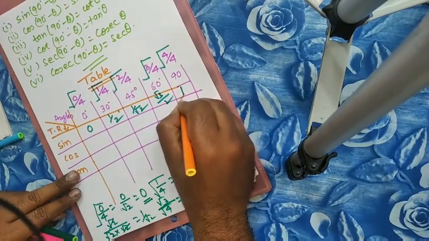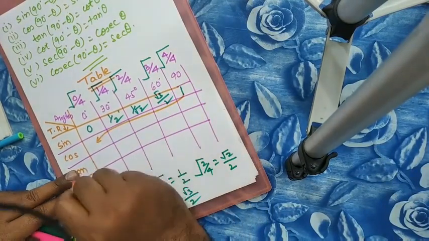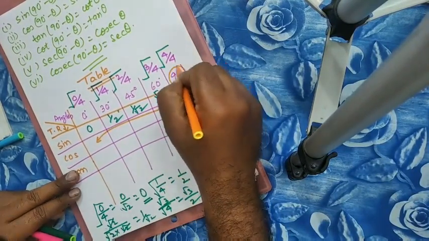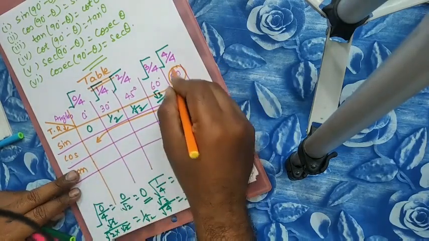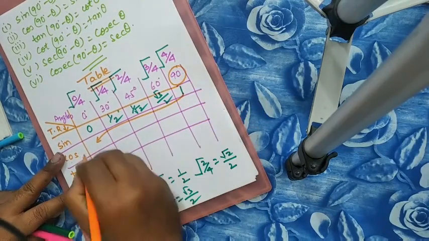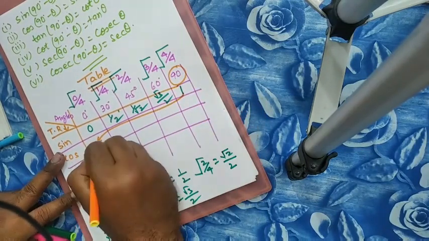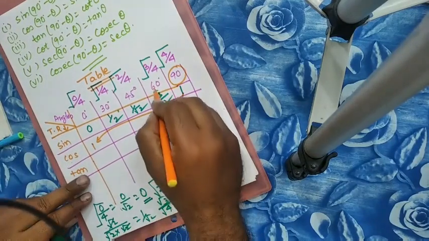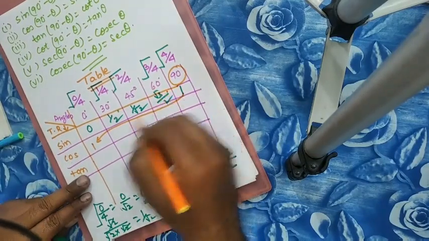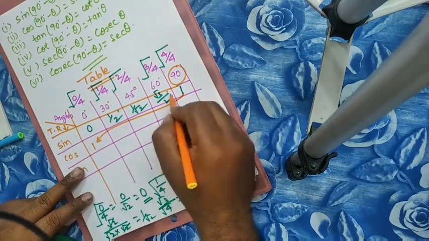Like that only we will put the value here for cos 0. The value of sin 90 will be the value of cos 0 degree, and the value of sin 90 is 1. So the value of cos 0 will be 1 only. Like that only, sin 60 will be the value of cos 30.